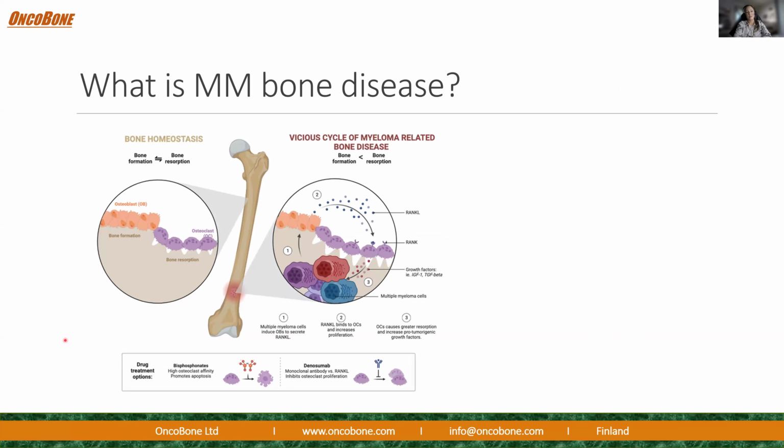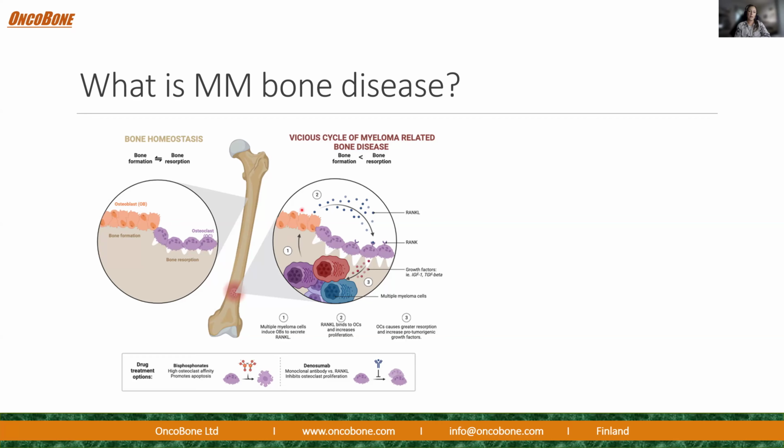So let's start by explaining what is a multiple myeloma bone disease and what are the causes behind it. So normal bone homeostasis is really about a balance between the bone-forming osteoblastic cells and bone-resorbing osteoclastic cells. So when these cells are active in the same level, then the bone mass is maintained. What then happens in multiple myeloma is that these cells secrete different factors that are able to promote the osteoblasts.